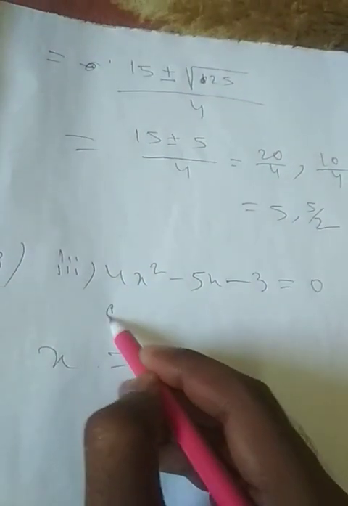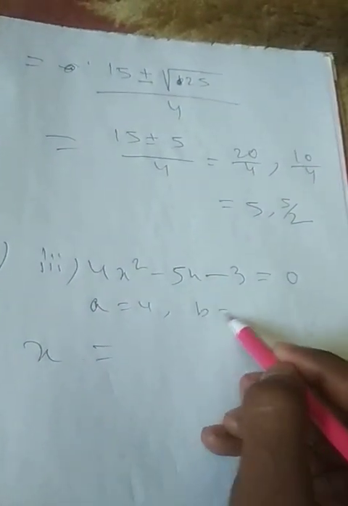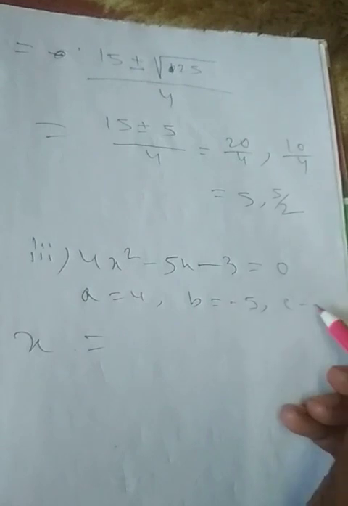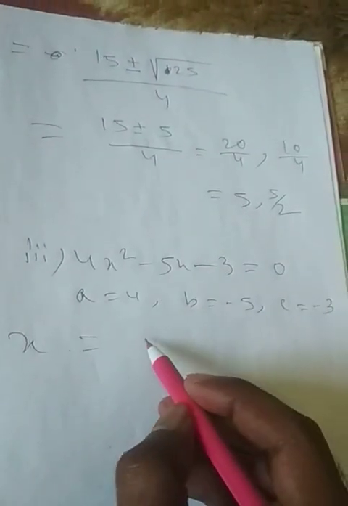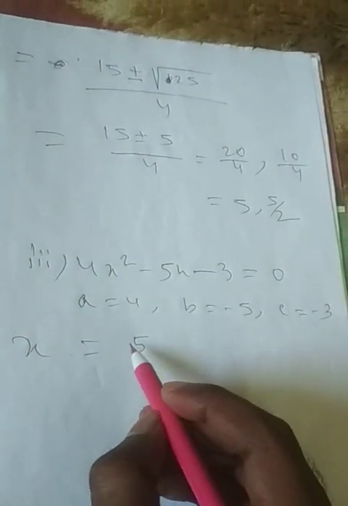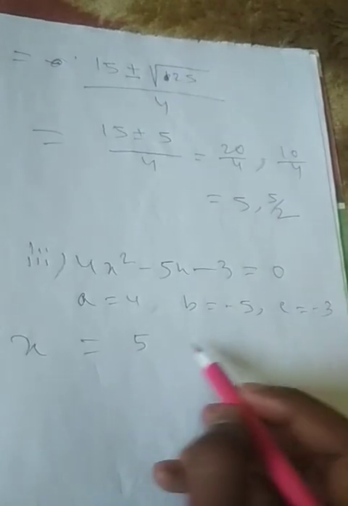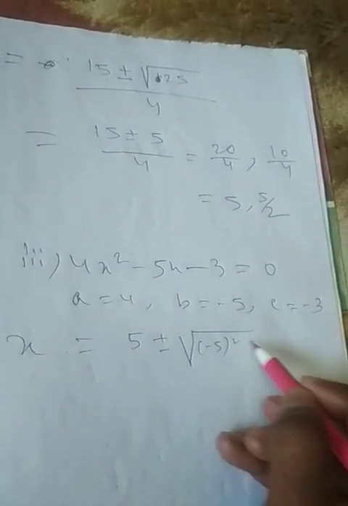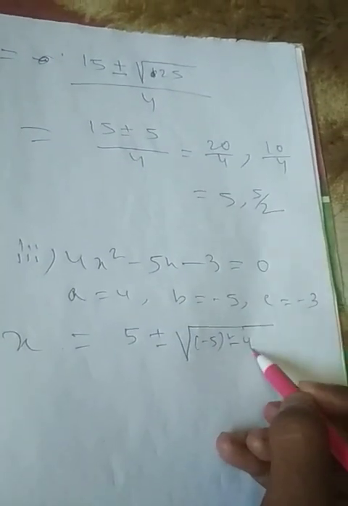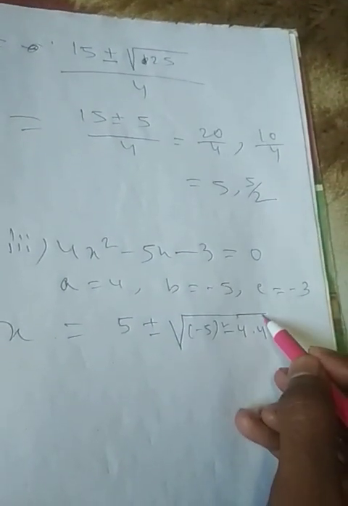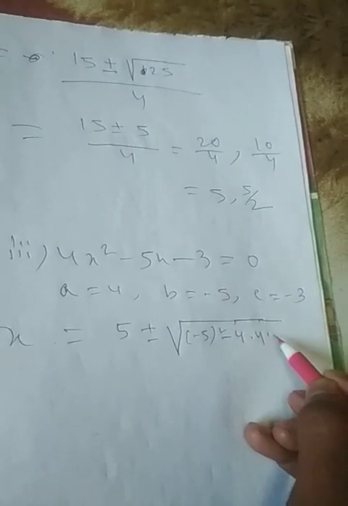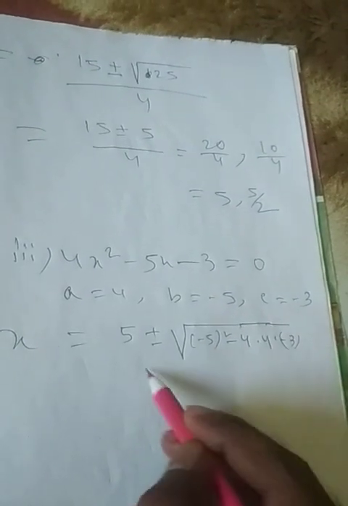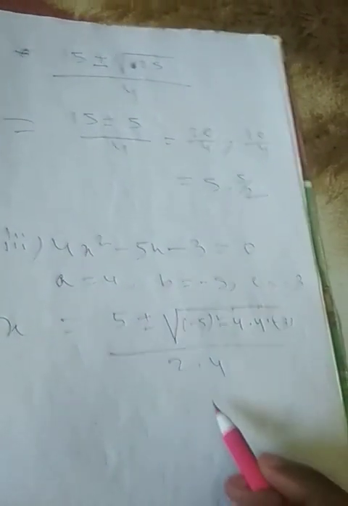First, a is 4, b is minus 5, c is minus 3. So first minus b, and before b in the formula there is a minus, so that becomes plus. b square, that means minus 5 square, minus 4a, that means 4, c means minus 3, by 2a.